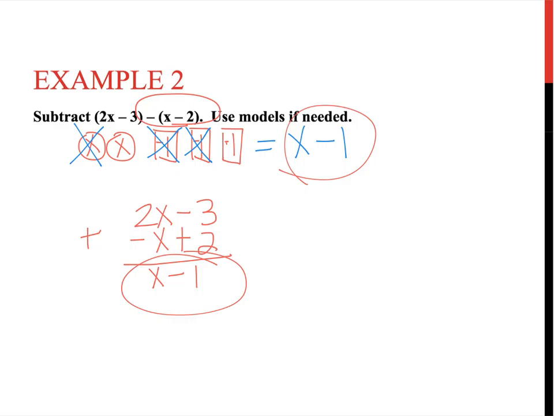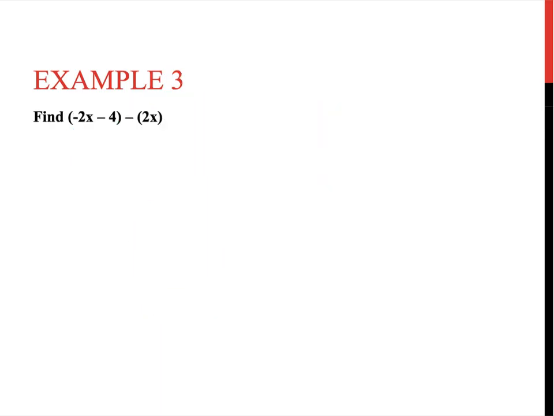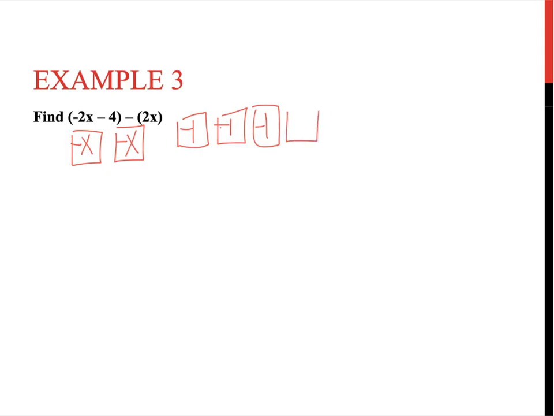Let's look at our next example, example 3. I'll model it and then do it the other way. So we're going to start out with negative 2x. Negative x, negative x, and then we've got negative 4. Negative 1, negative 2, negative 3, negative 4. So now we have to subtract 2x.